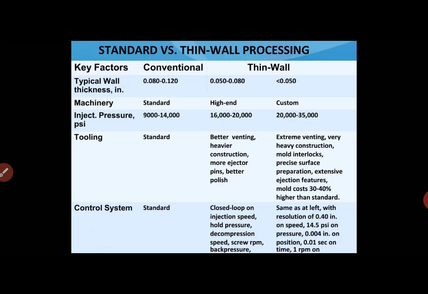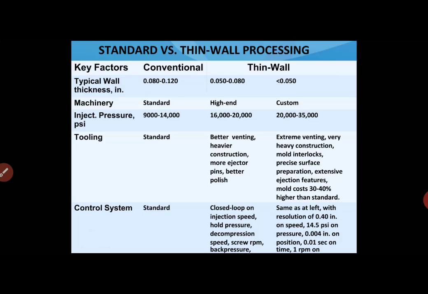For machinery, conventional standard machinery is sufficient, but for thin walled, higher end or custom made machinery is required. In conventional injection molding machines, the injection pressure is between 9,000 to 14,000 psi, whereas in thin walled it will be much higher, more than 16,000 or around 20,000 psi.